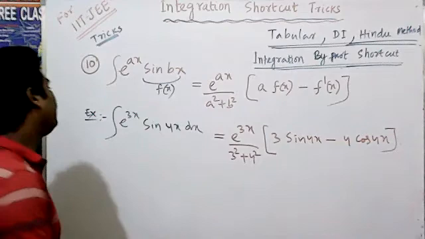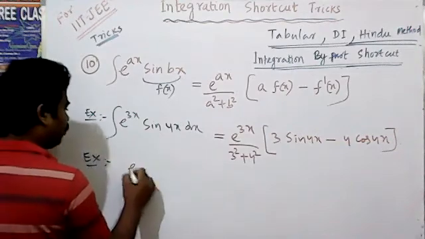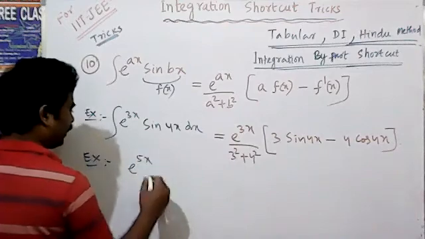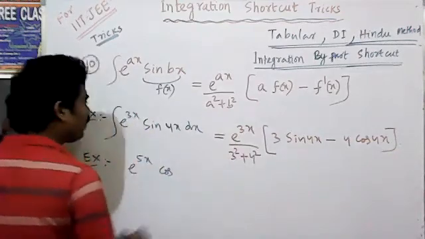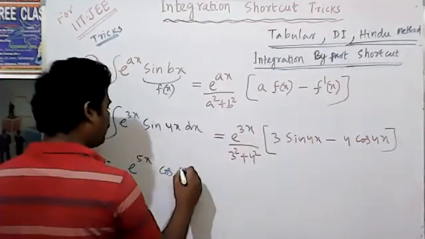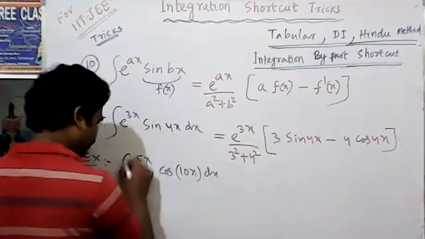Another example is given. Suppose e to the power 5x cos 10x dx is given.